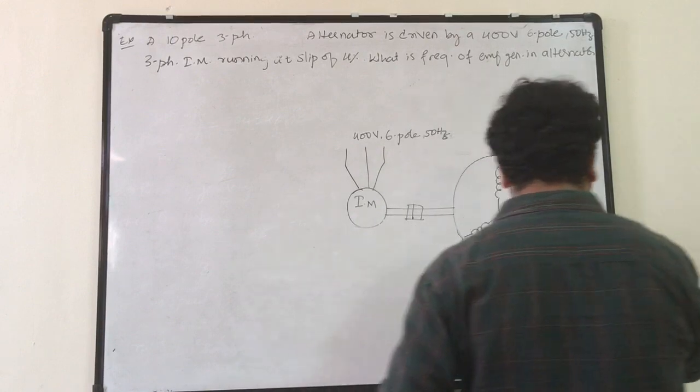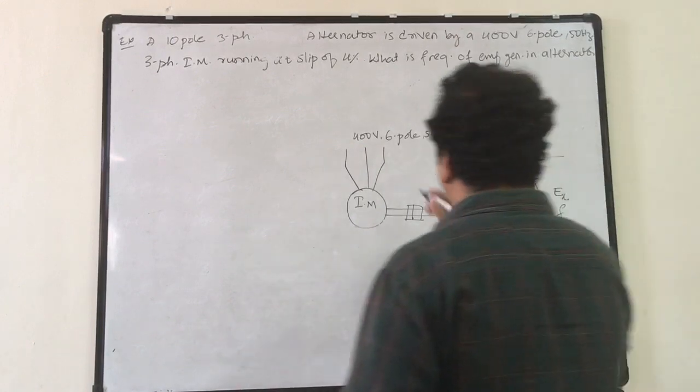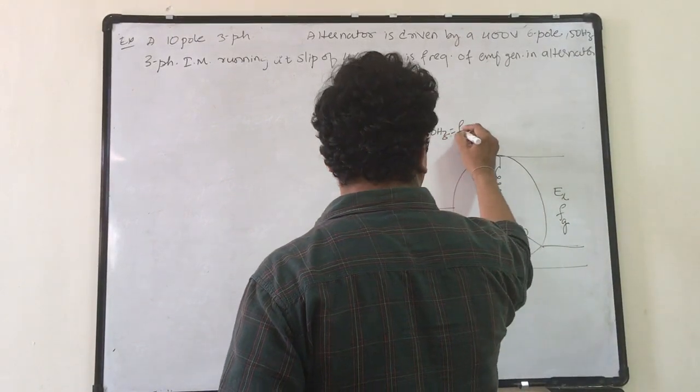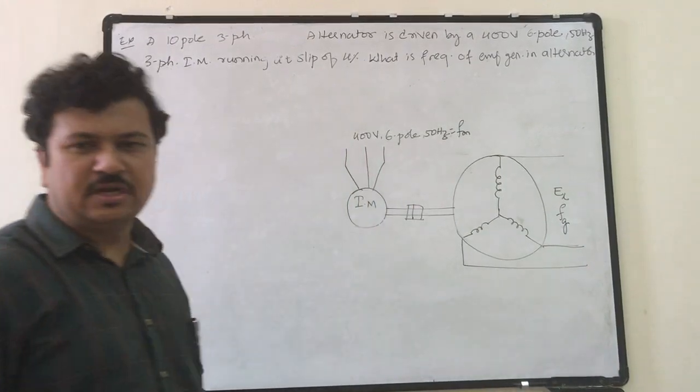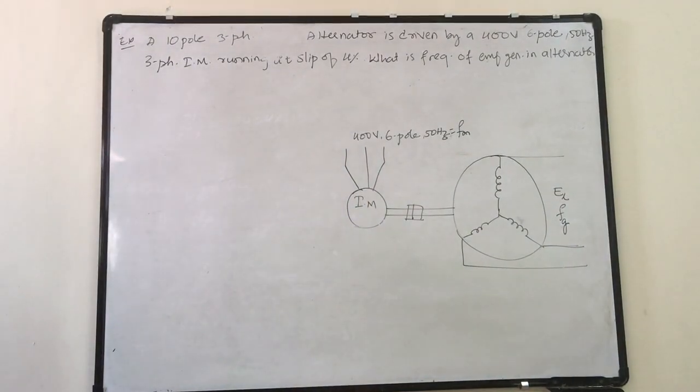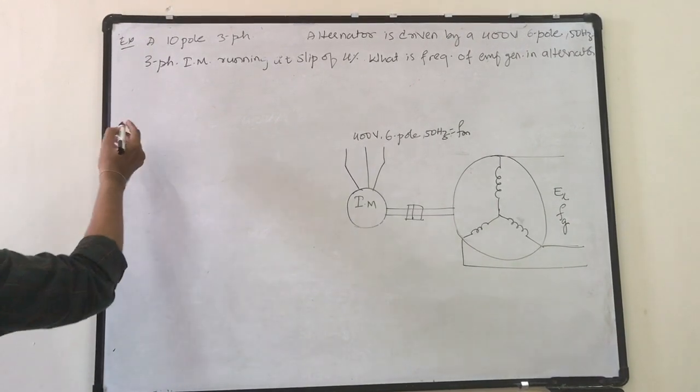Let us take this as Fg and this as Fm, generator frequency and motor frequency. Now, what is the frequency of generator? Let us see first the equation.